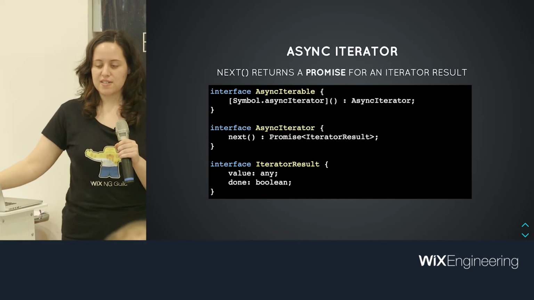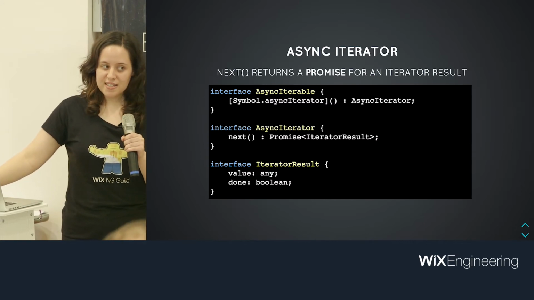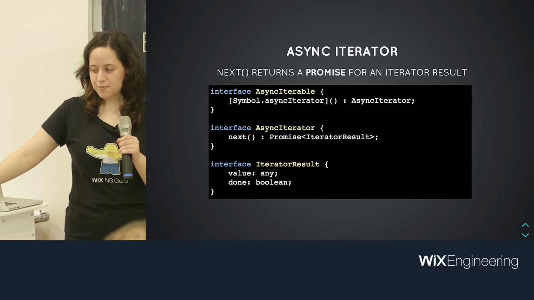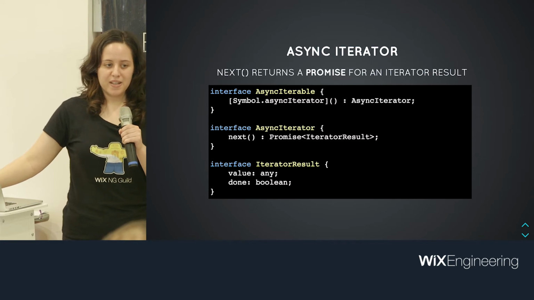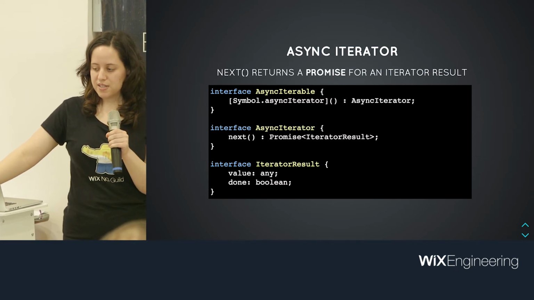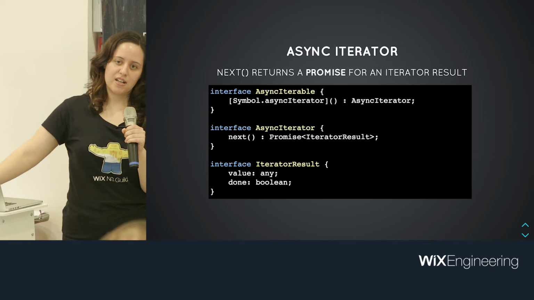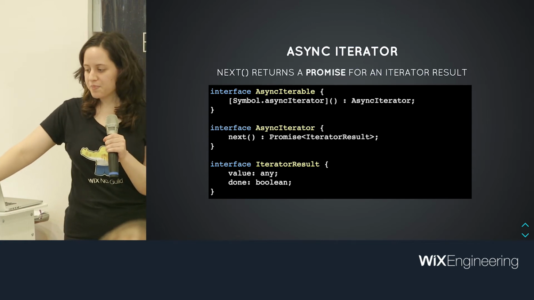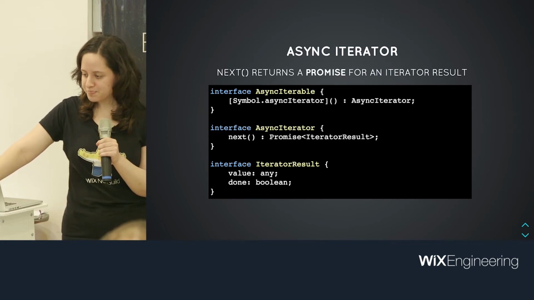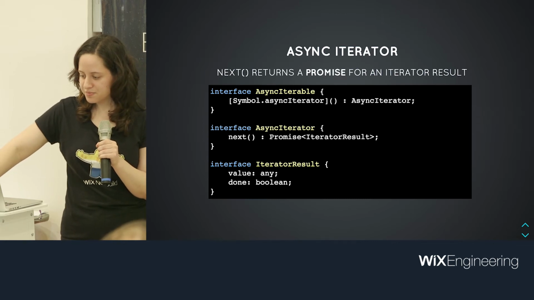That's the whole difference. So next is async. And the async iterable has a method with the key Symbol.asyncIterator, which is a different constant. But all the rest is almost the same.